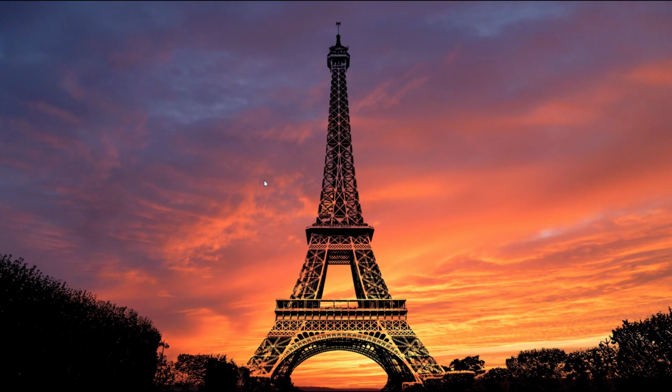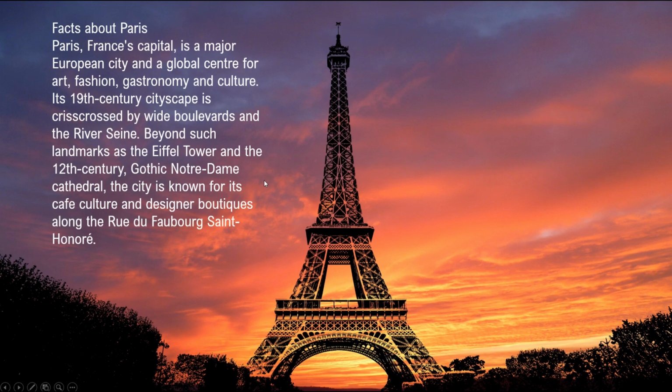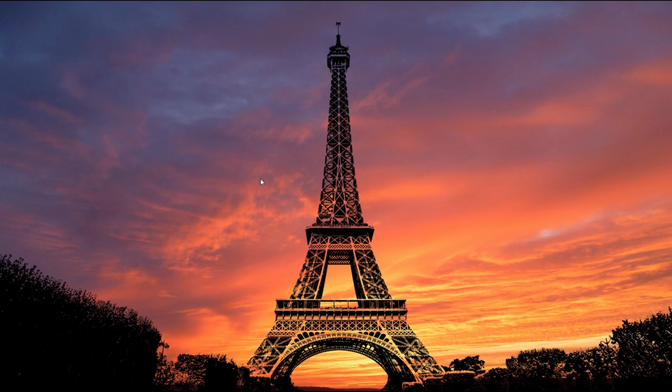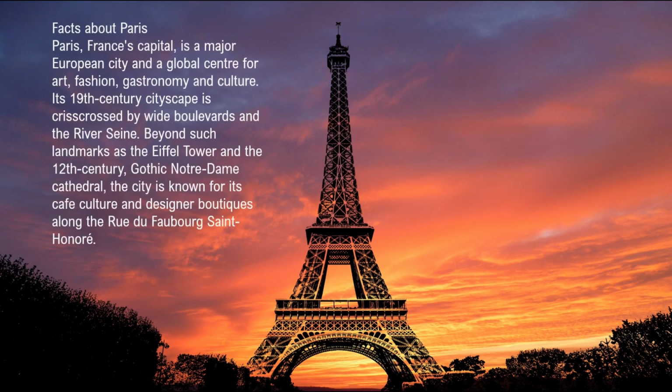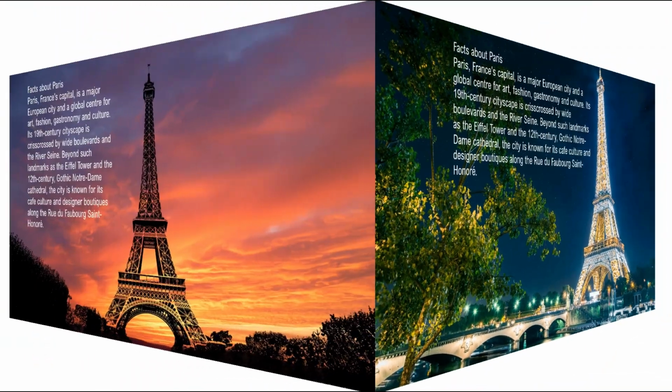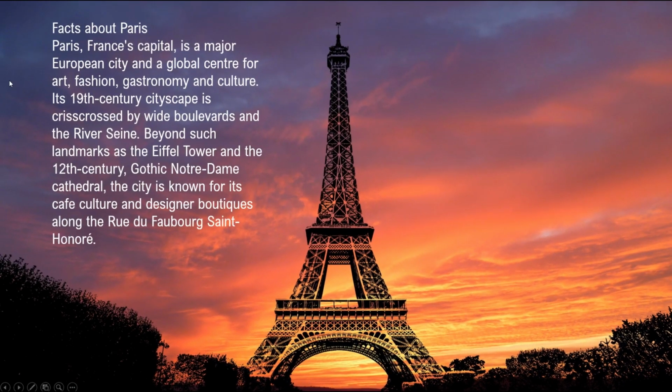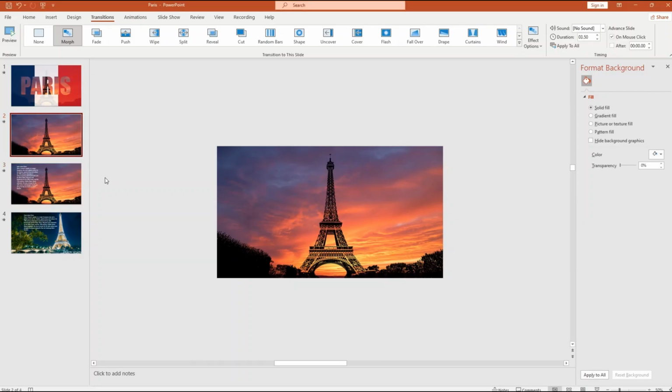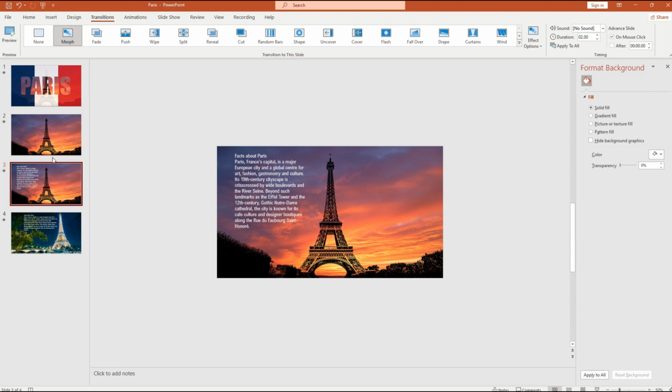Boom. I double clicked so we didn't see the transitions. Boom, it appears here and it goes here. The reason why the text doesn't come from the top or from the left is that we have removed the text from slide number 2.